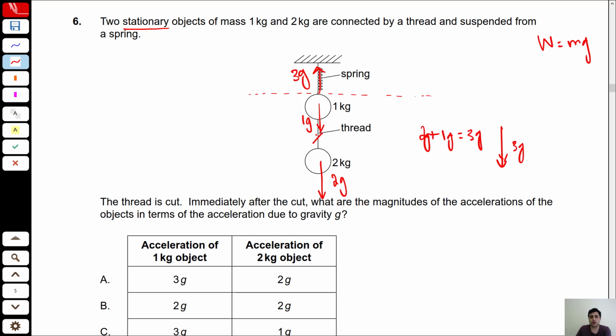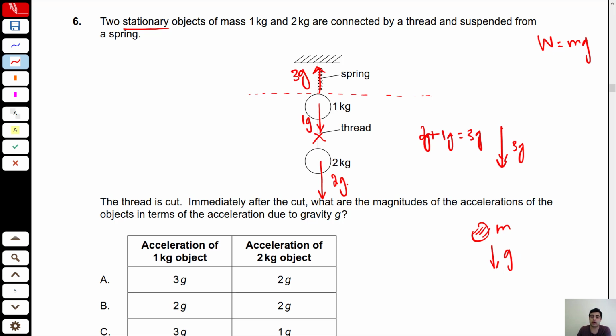Now, at the moment when you cut the thread, let's just look at this 2 kg. This 2 kg will just fall under the influence of gravity. It will be a free fall. There will be no force attached to this 2 kg. When an object, independent of the mass, falls under the influence of gravity, its acceleration of free fall will always be 9.8, which is g.